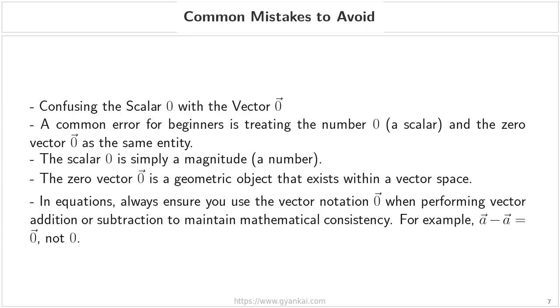Always ensure you use the proper vector notation, vector 0, when you are performing vector addition or subtraction. This is crucial to maintain mathematical consistency. For example, if you take vector A and subtract vector A, the result is vector 0, not just the number 0. Keeping this distinction clear will help you avoid errors in more complex vector operations later in the course.